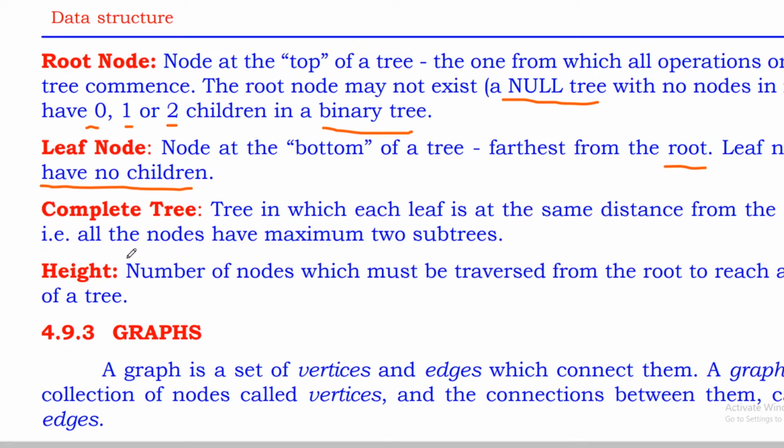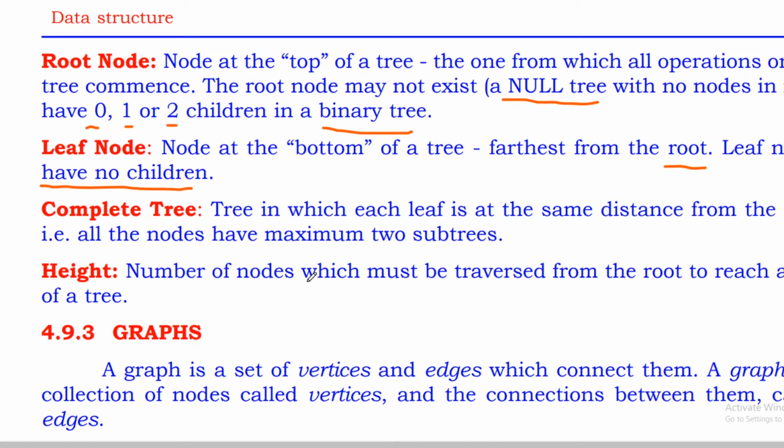So what does a complete binary tree mean? Each leaf node is at the same level or the same distance, that is, we have the same height. They are called a complete binary tree. All the nodes have a maximum of 2 subtrees. They cannot have more than 2 subtrees, that's a binary tree. What is the height?